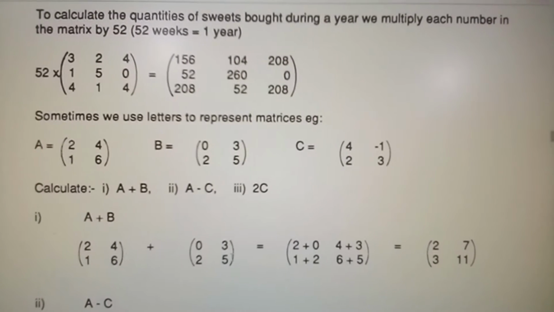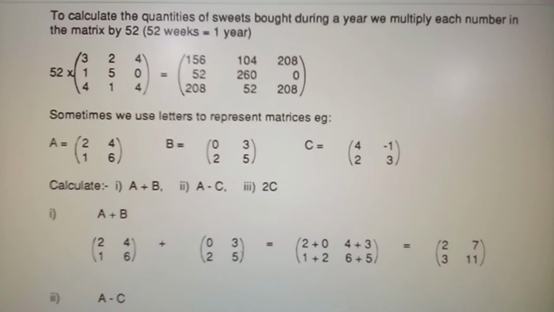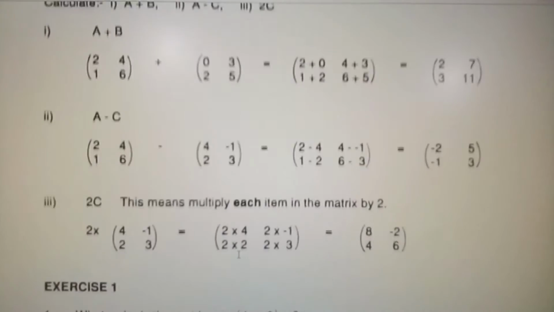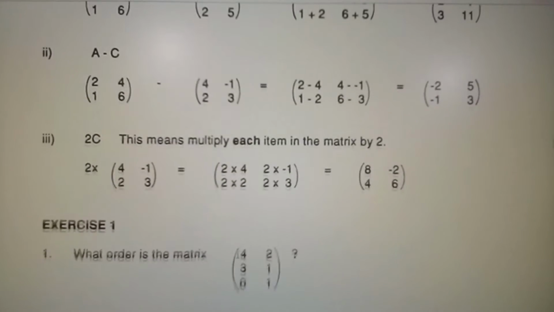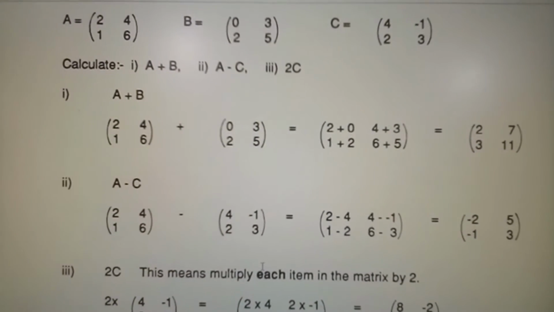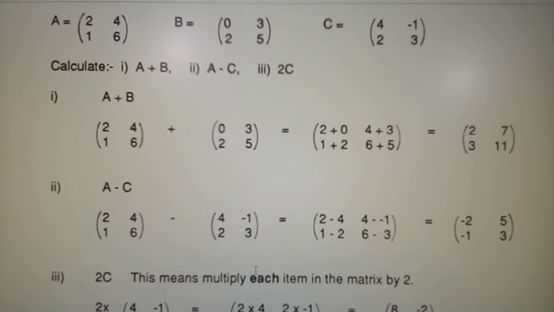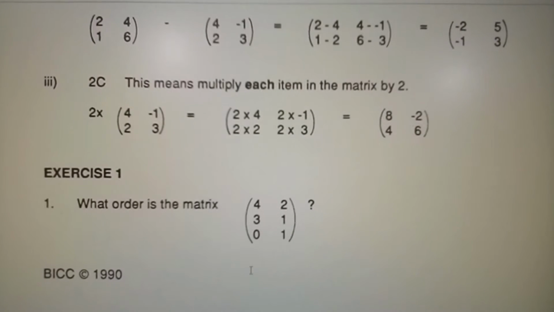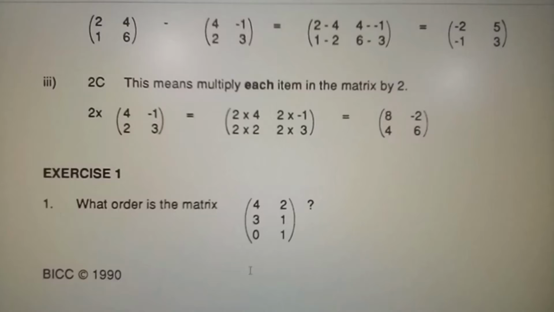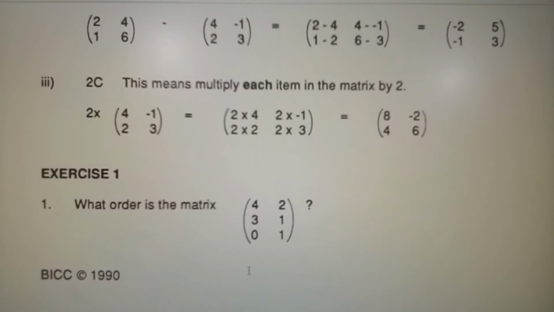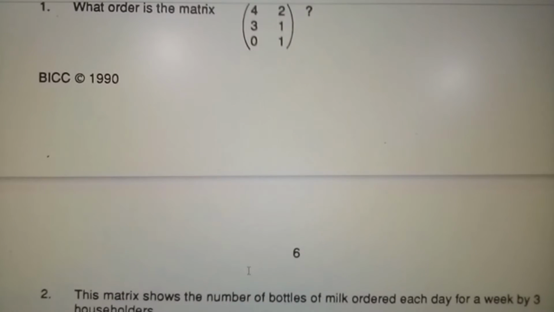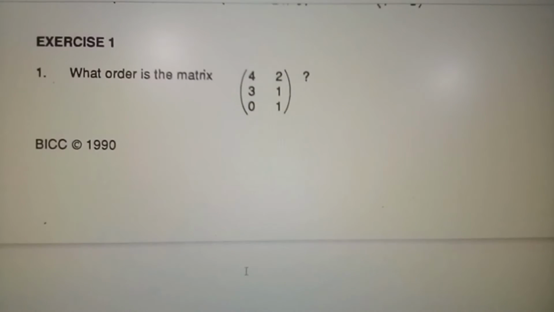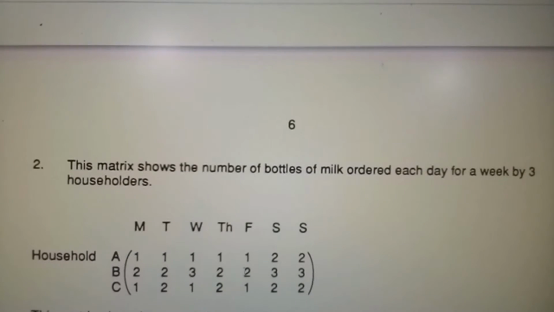And here we're using letters sometimes to represent matrices. Again, here what order is the matrix that is for you to answer, and look back at the work previously.